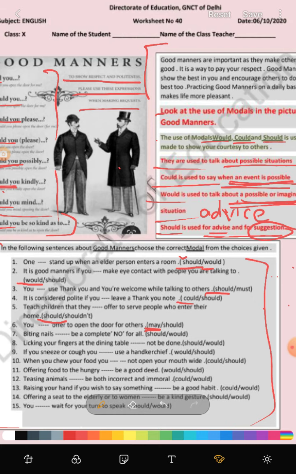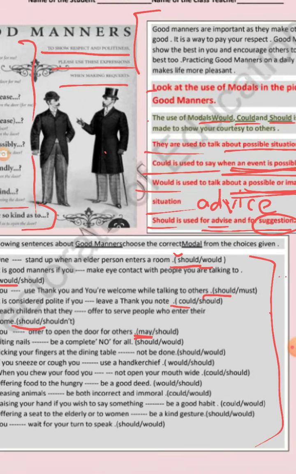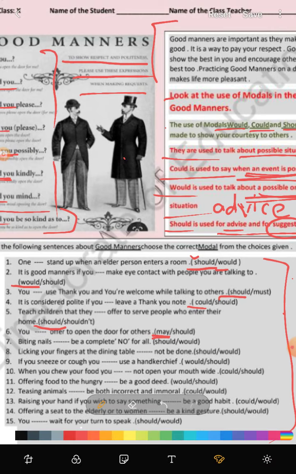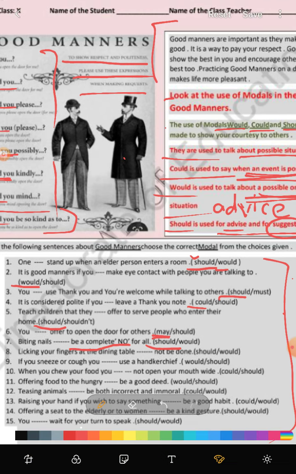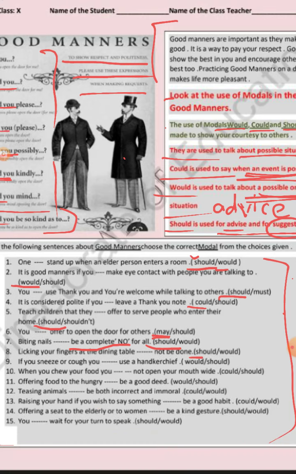Biting nails should be a complete no for all. Now biting nails is very bad. The sentence is forcing the idea, so biting nails should be a complete no. It is a necessary no. That's why should. Licking your fingers at the dining table should not be done.